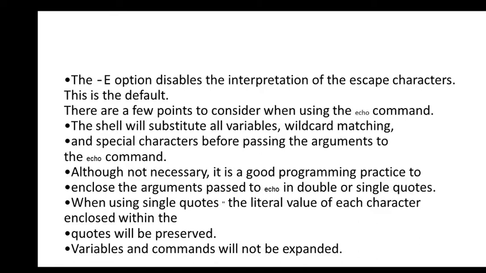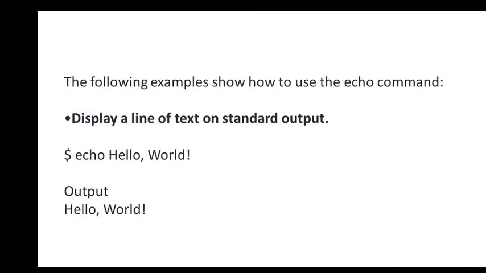Although not necessary, it is good programming practice to enclose the arguments passed to echo in double or single quotes. When using single quotes, the literal value of each character enclosed within the quotes will be preserved. Variables and commands will not be expanded.